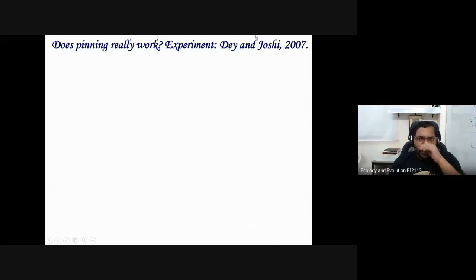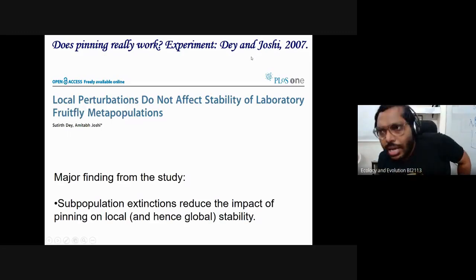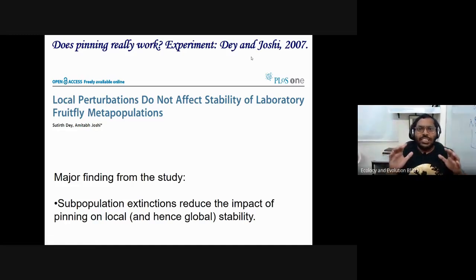During my PhD, I did one piece of work where we took spatially structured populations, where you have multiple populations connected to each other by migration. We wanted to see if one can stabilize the dynamics of such populations using this kind of constant pinning.